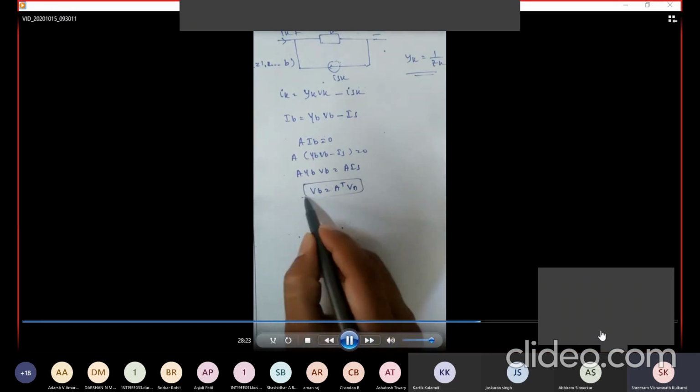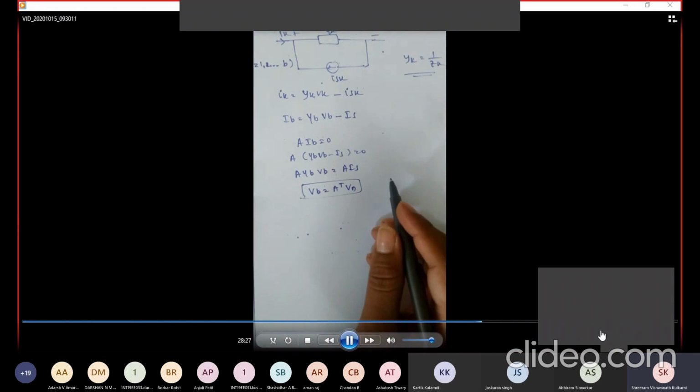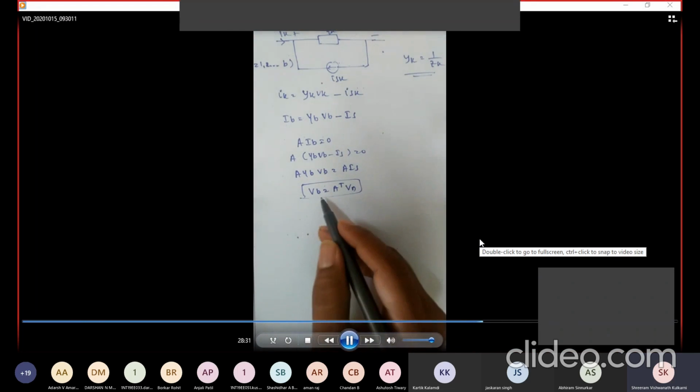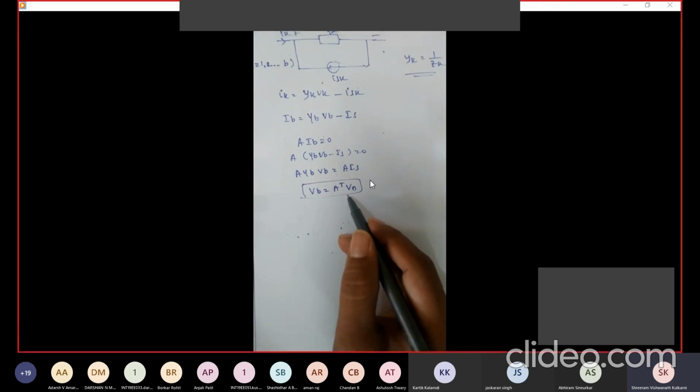This one we have to remember. For KVL, IB equals B transpose IL. For KCL, VB equals A transpose VN. We need to remember this for writing the KCL equation for networks.